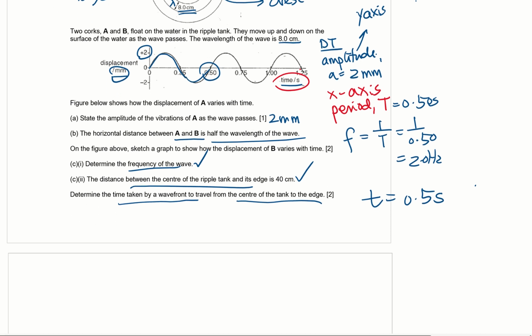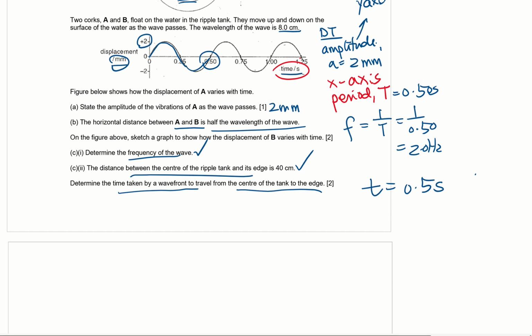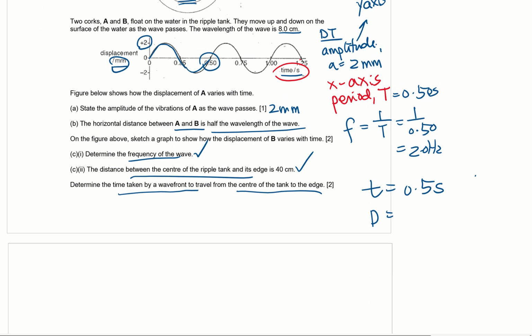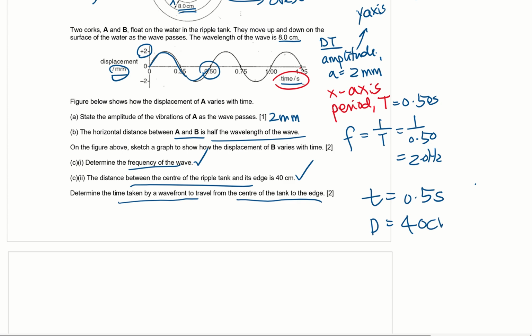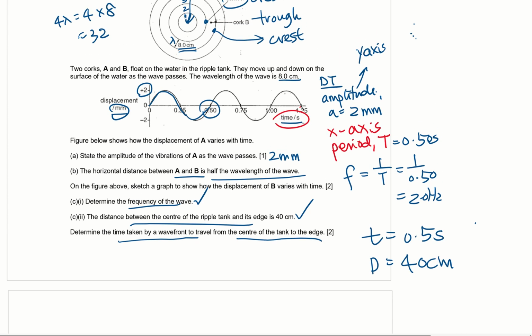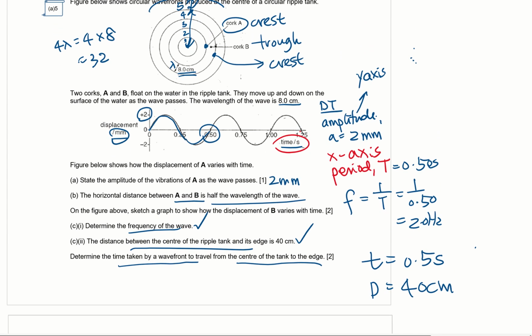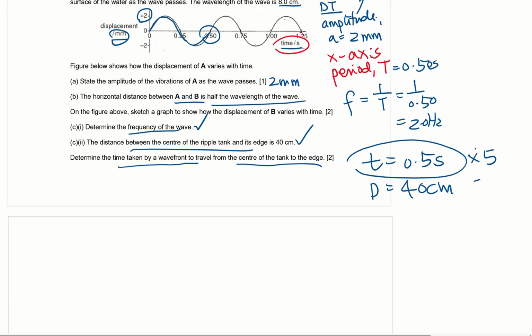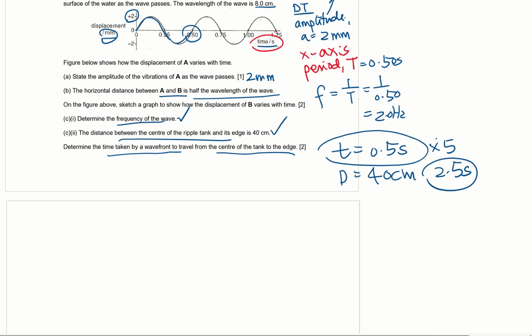The distance is 40 cm. The time taken to complete one wave is 0.5 seconds, and there are a total of 5 waves. So it will be times 5, so it will be 2.5 seconds. Okay? So that is what I think is the answer.